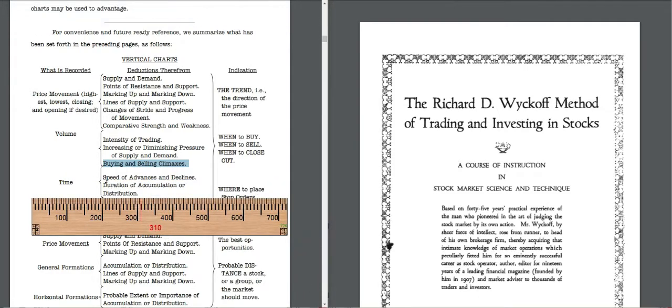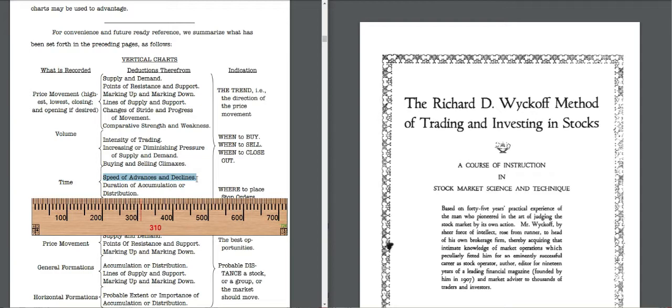Time is the speed of the advances and declines. The speed is very important. The duration of accumulation or distribution. Duration is very critical because later on when you do wave charts, it's going to tell you that this is a major factor. A lot of times, even volume will not be as clear as duration.